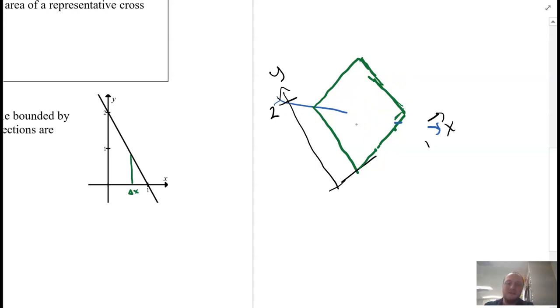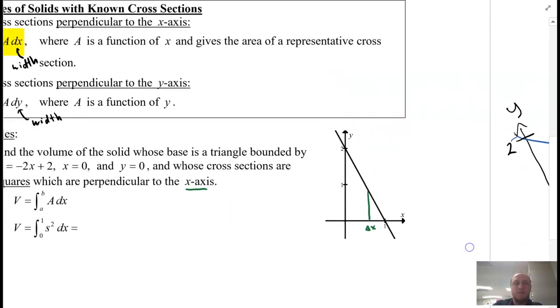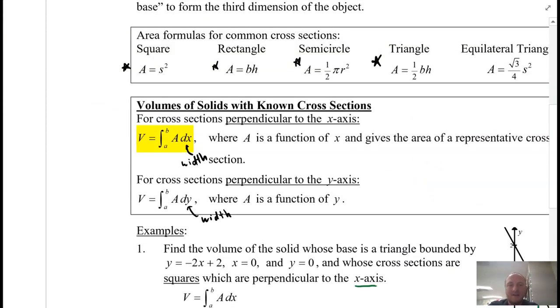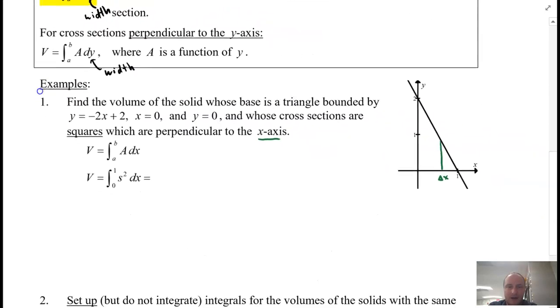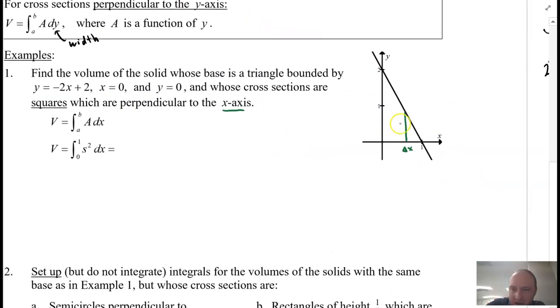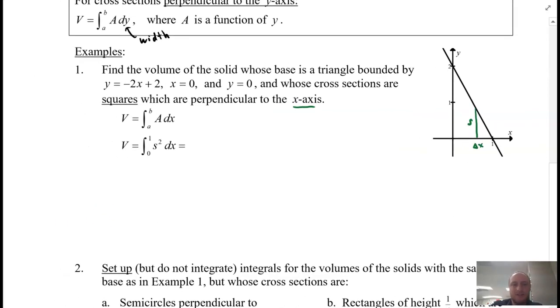The area is this side times this side, so s squared. And the formulas that we have tell us that it's s squared. That triangle embedded here is going to be s. So that is the length of our object, and then it's going to have a height of s, so s squared. So that's what this is saying here.